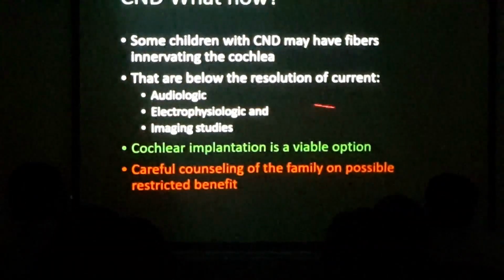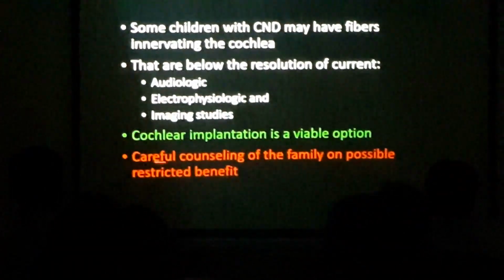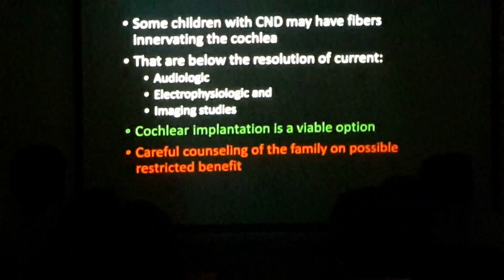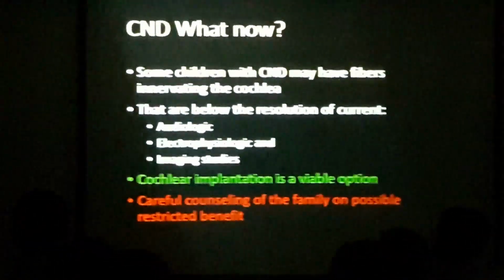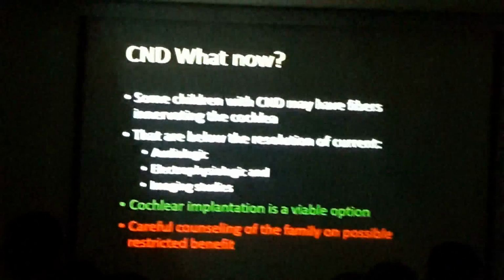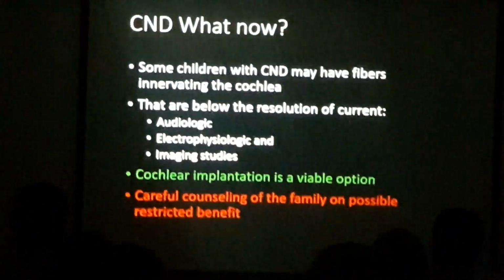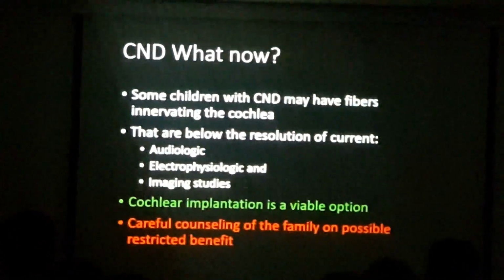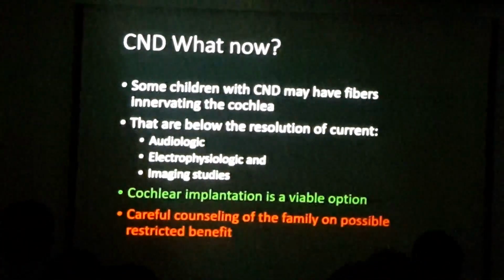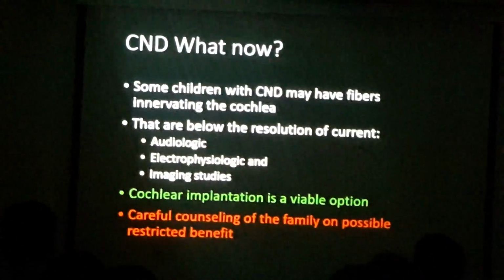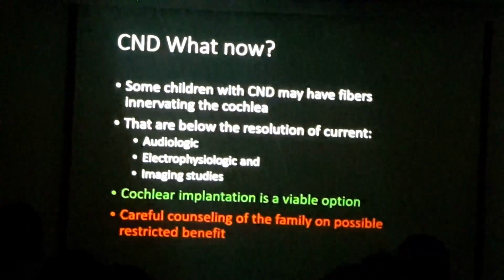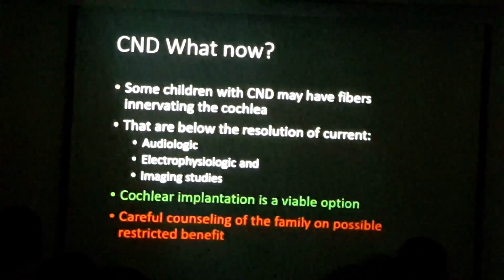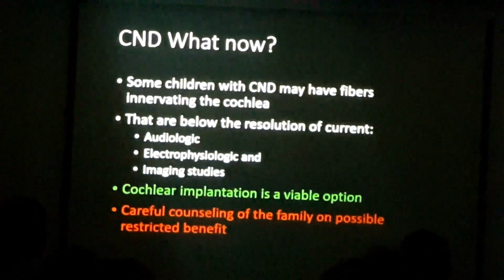The only thing is careful counseling of the family, because the child doesn't have any other option. You cannot outrightly say that I cannot do implantation. And if you have even a little doubt that there are some fibers out there, I think you must take a chance before you implant. That's what most of the literature reviews say.